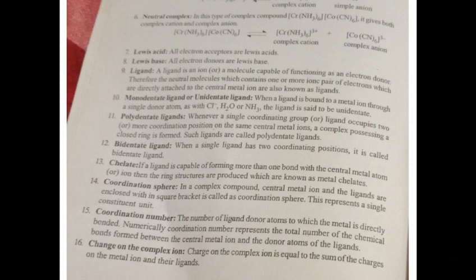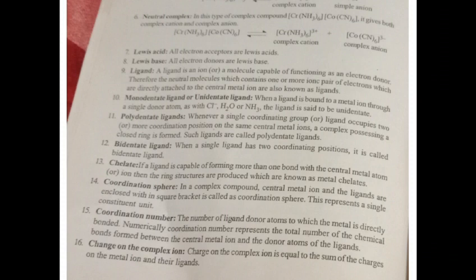Polydentate ligands: whenever a single coordinating group or ligand occupies two or more coordination positions on the same metal ion, a complex possessing a closed ring is formed. Such ligands are called polydentate ligands.